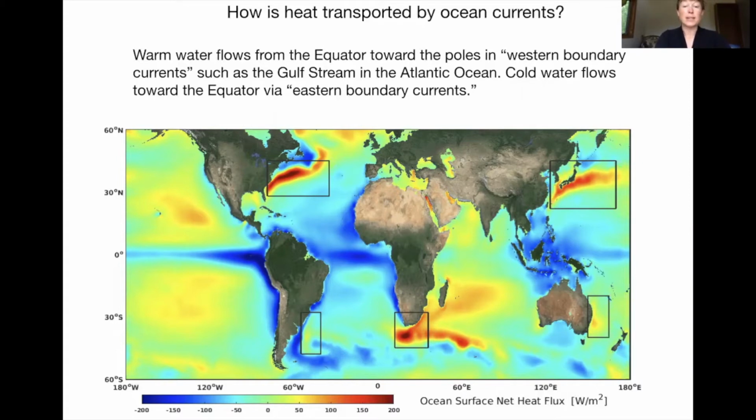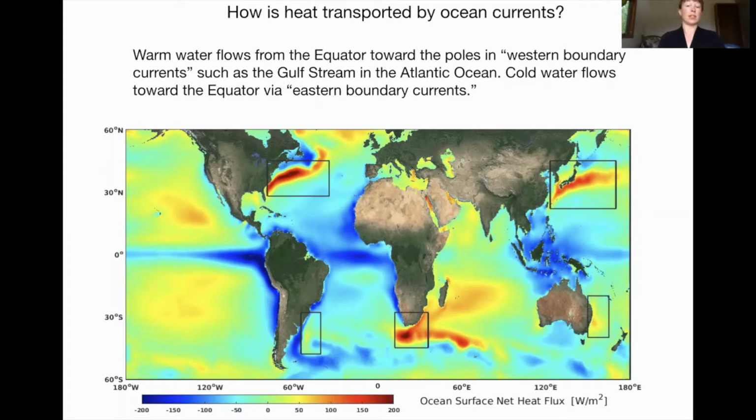Every ocean basin, North Atlantic, South Atlantic, Indian Ocean, and the North and South Pacific, they all have these warm western boundary currents. And those are in the boxes on this map, okay? So some are warmer than others. But you can see that there's a lot of heat being transported by those currents from the low latitudes to the high latitudes.